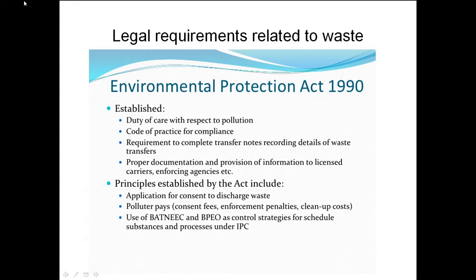So you've got these three areas where waste can be produced, and you need to have consent to discharge waste in any of these forms. So either through the air, through the water system, or as solid waste. The principle is polluter pays, and if you don't do it, obviously there are penalties and so on. Okay, I'll move on.